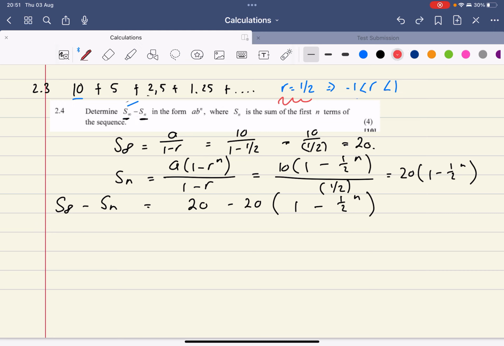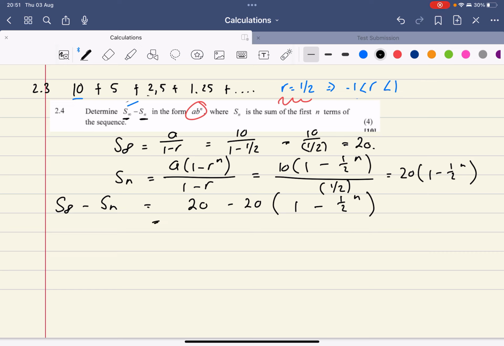But notice how they want it as a product of b to the power n times a, which this is definitely not. So let's do the only thing we can do, and that's multiply out this 20, and then hopefully it will simplify from there.